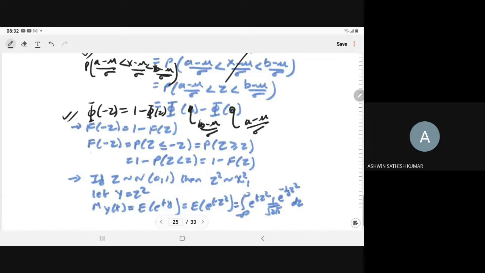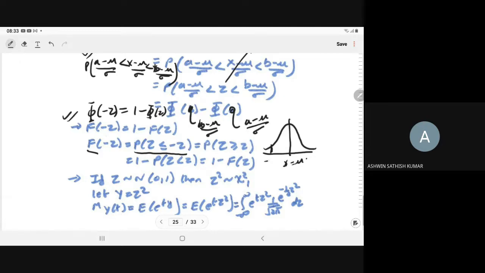So F of minus z, by definition, F is the CDF, the accumulation of probability up to that point. So the probability that z is less than or equal to minus z.